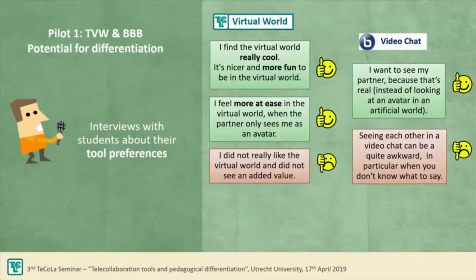Seeing each other in a video chat can be quite awkward. I have to control my facial expressions, particularly when you don't know what to say, when there are these awkward pauses. And these pauses need to be given time so that students can think and work on what they want to say, and that can be awkward when you're in front of a video camera.